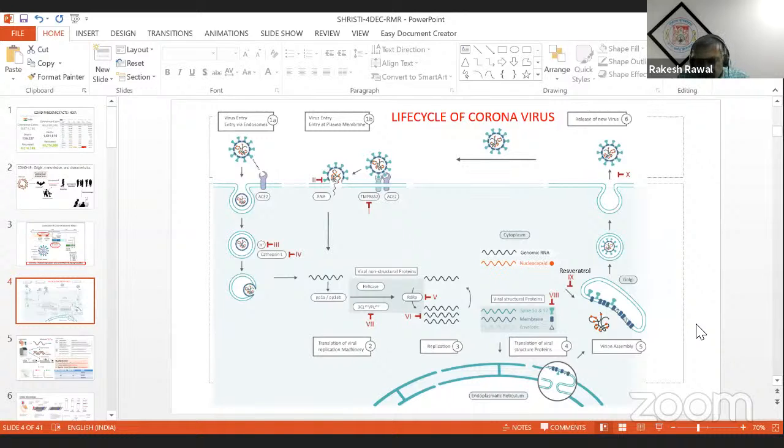Your main intention is this: ADME will tell you which size of molecule can enter into the cell, and if it enters, how it is distributed, and after metabolism, whether it can be excreted or not.